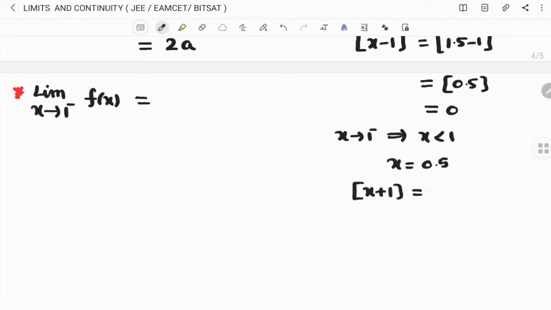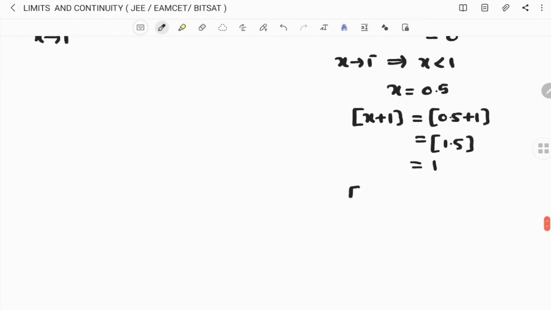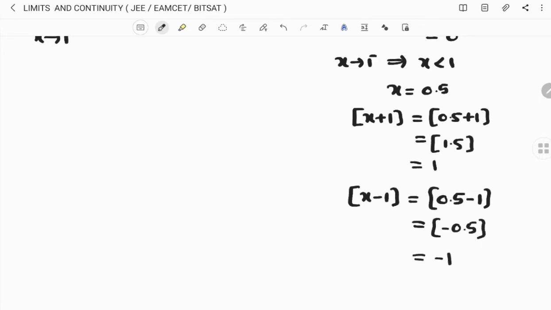So 0.5 plus 1 is 1.5, step of 1.5 equal to 1. Similarly, step of x minus 1 equal to 0.5 minus 1, so step of minus 0.5, step of minus 0 point something is minus 1.